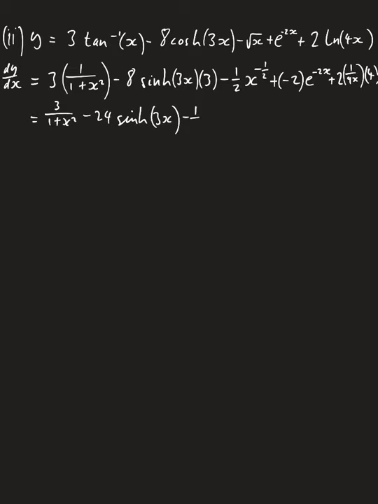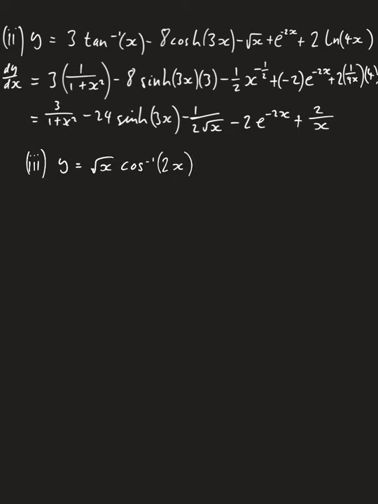So this whole thing is minus 1 over 2 times the square root of x. Then I get minus 2 times e to the minus 2x. And 2 times 4, well, the 4 is actually cancelled there, top and bottom. And I end up with plus 2 over x. And that's my answer. Next, part 3.